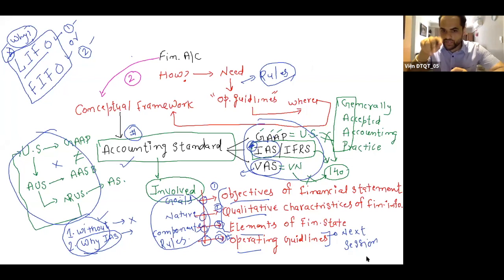So I'm going to cover all these kinds of objectives, qualitative elements and operating guidelines one by one, right? So let's start with the objective of financial statement.